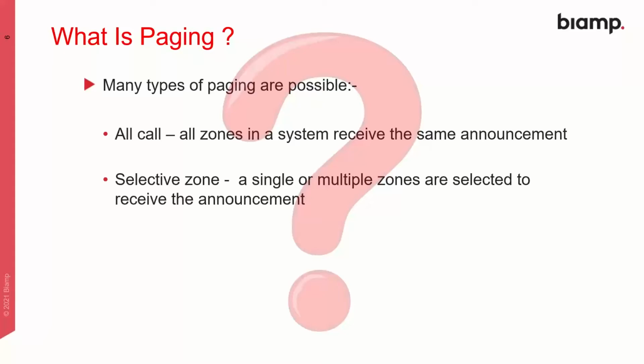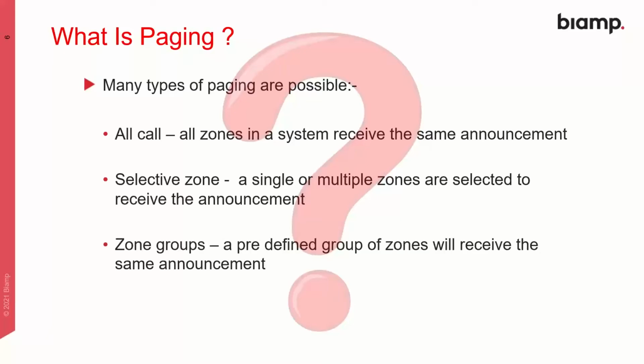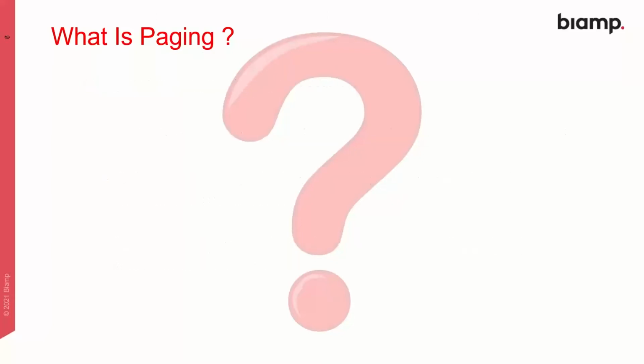So this could be a single zone, or it could be selected multiple zones that will receive the announcement. And then of course you have zone groups. So this is logically associated zones within a system, which are defined as one zone group. So when you page to that group, it always pages the set number of zones at the same time.